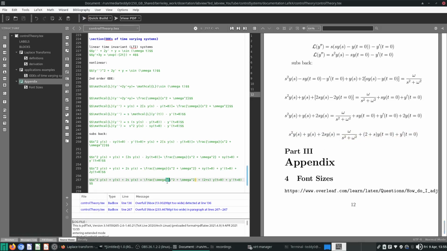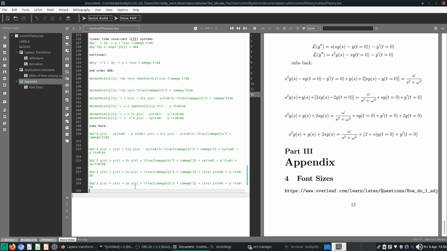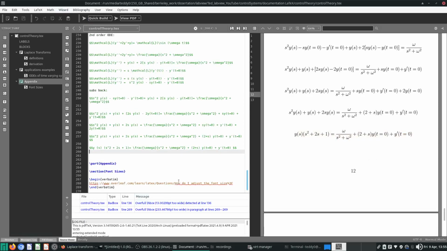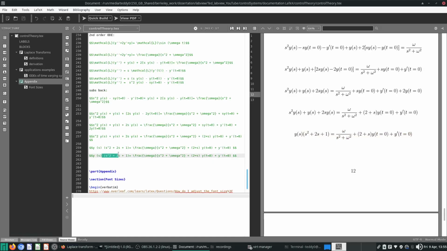Now the thing is this: we will factorize out y of s, and then we will have s squared plus 2s plus 1. We'll just bring all of this to the right hand side. It's very simple.